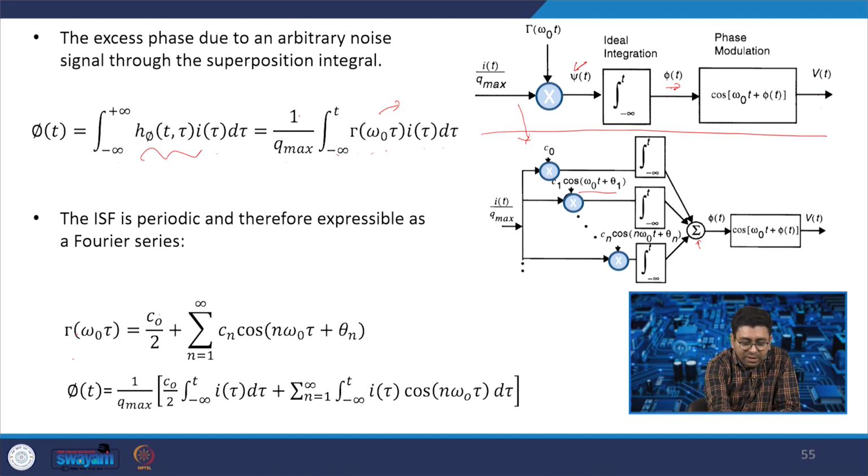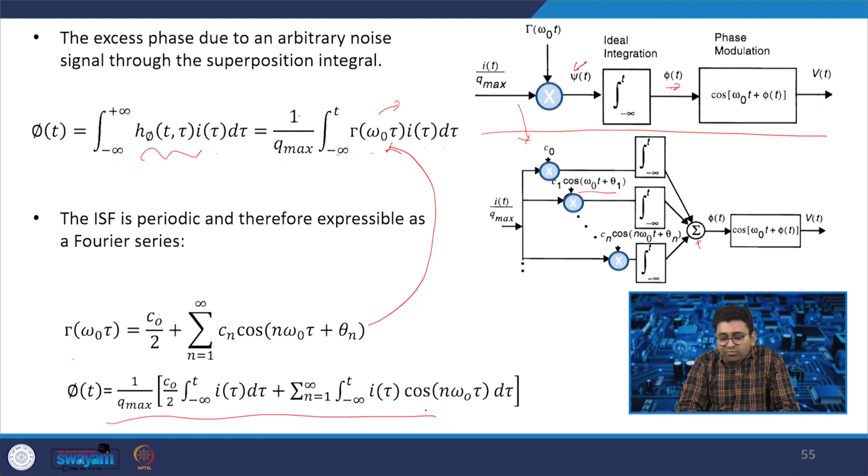So, when we put this in this equation, we will get phi(t), which is 1 by q max, C naught by 2, the same thing, integral from minus infinity to t of i(tau) d tau, plus this function. Now, this phi we need to convert into the voltage.